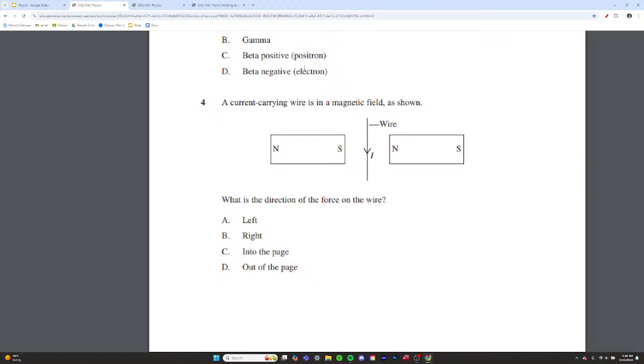It's going down. Fingers are the field. It's going out. Jeez. Okay.